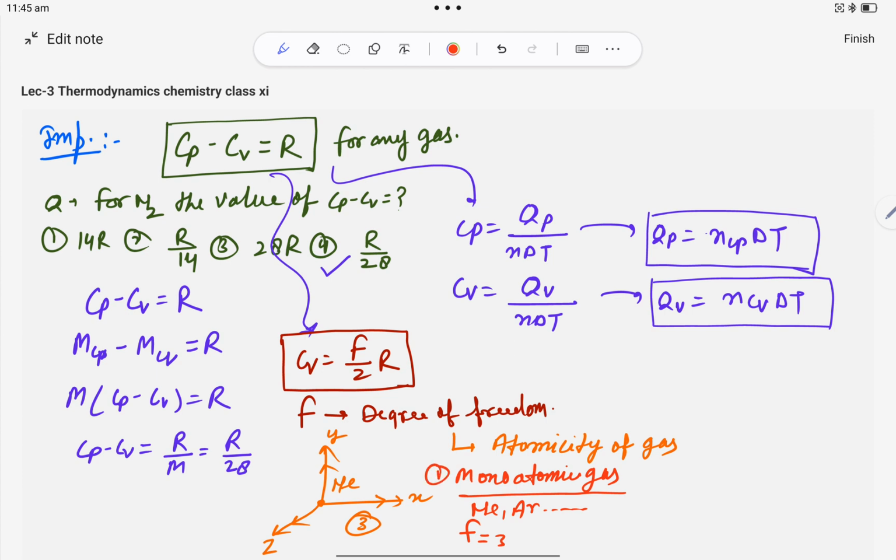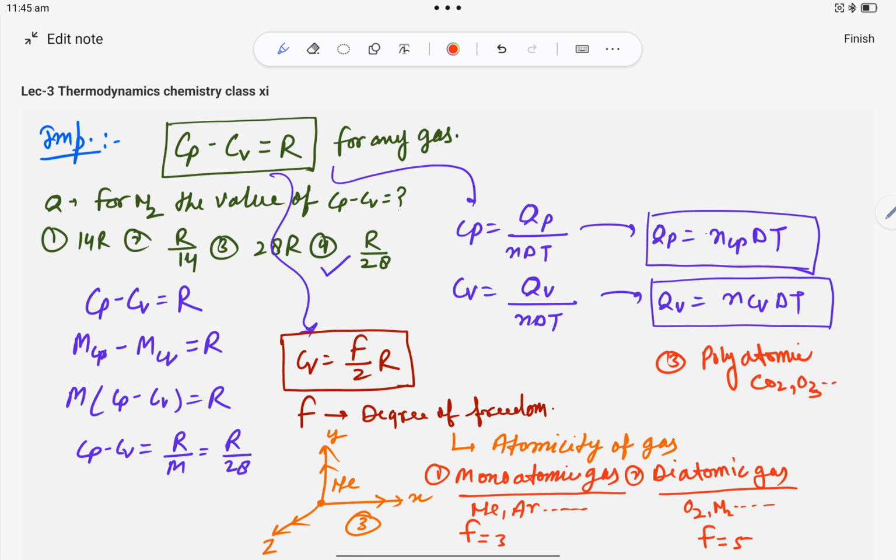Diatomic gas like O2, N2, etc. Degree of freedom is 5. Okay, and number 3, polyatomic, CO2, O3, etc. Degree of freedom is 6. That is enough for you. You have to learn this value.